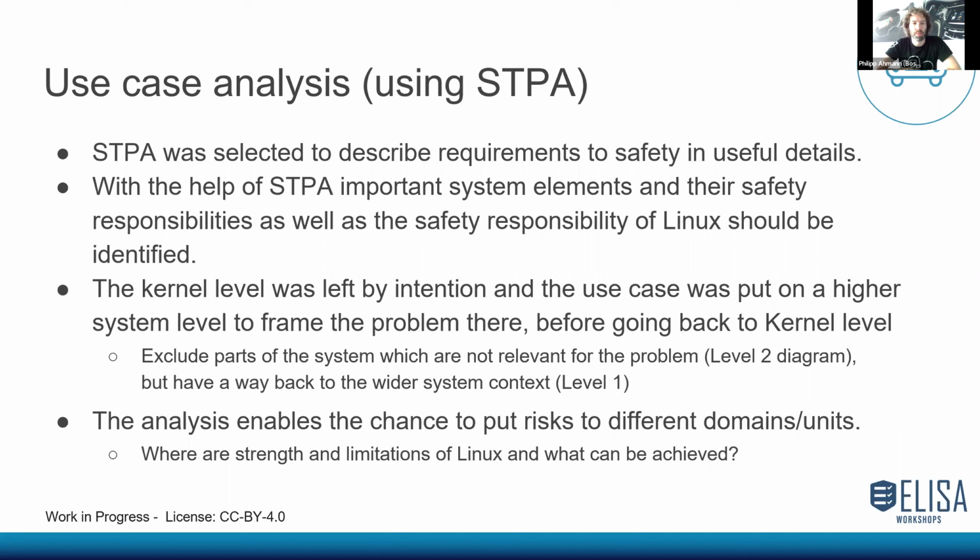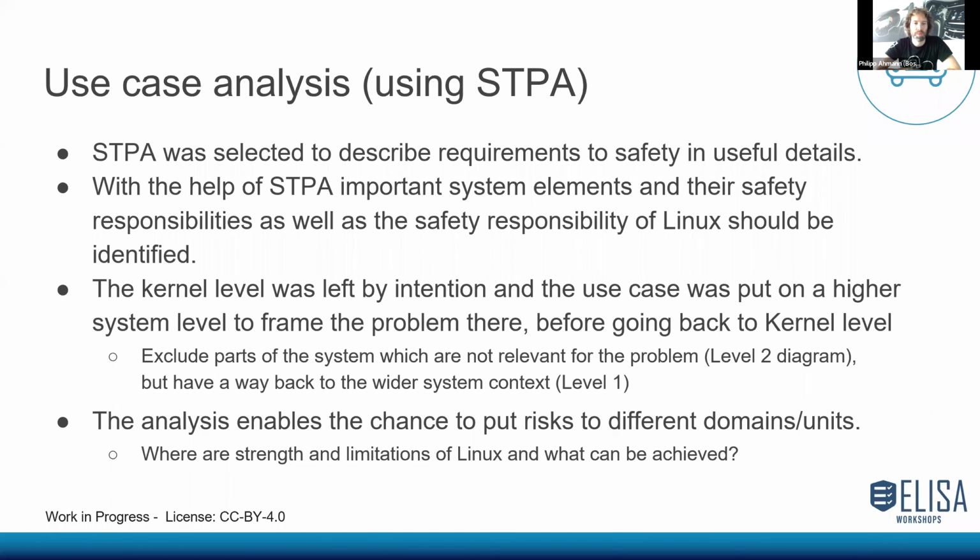This was really important because we wanted to go directly deep dive into the kernel, and we left this level by intention because we couldn't see where to look first, what to really concentrate on, what is the critical path in this, how does it come all together.